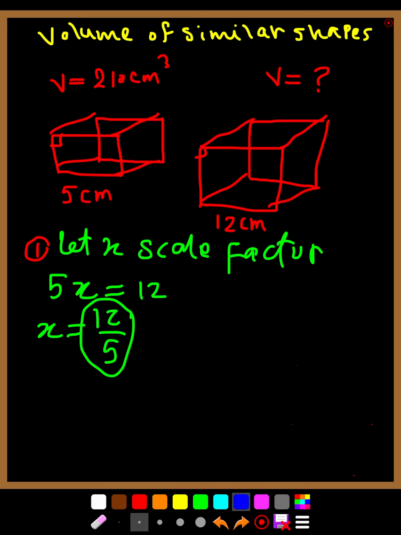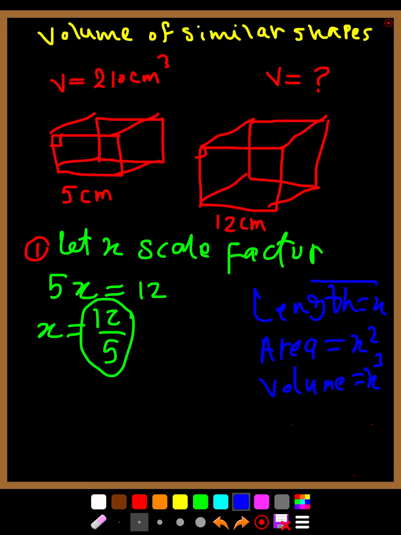As we know, for the length it will be only x, for the area it will be x to the power 2, and for the volume it will be x to the power 3. For length there is only one side, and the area has two sides, length and width.